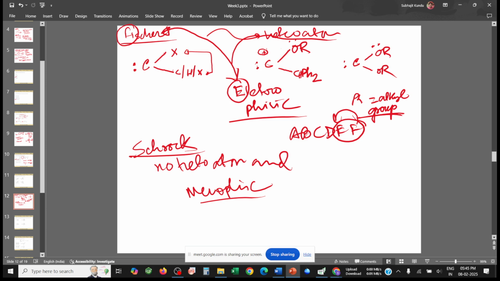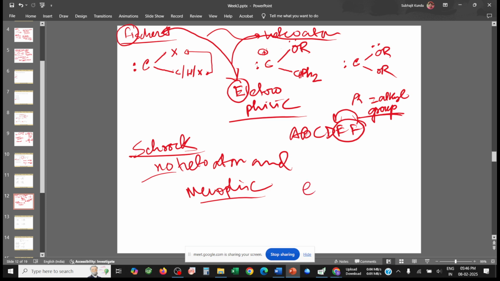That means it is electron deficient, and because of its electron deficiency, it will try to bind to something which has more electrons. That means a metal in a low oxidation state or negative oxidation state. And Schrock type is already nucleophilic.